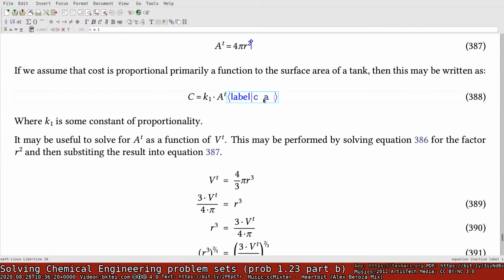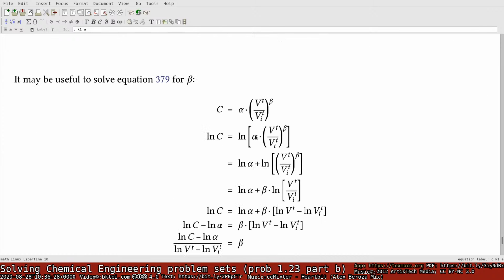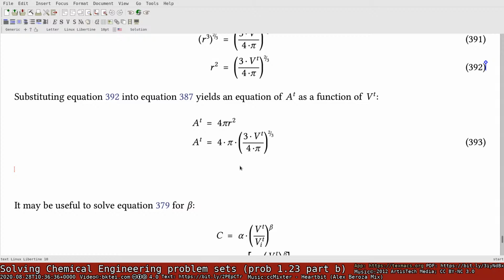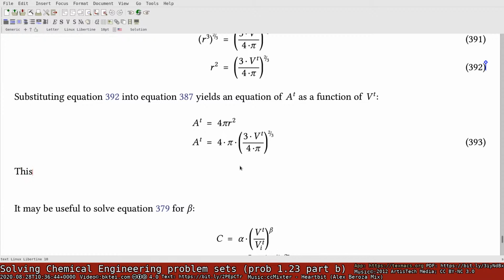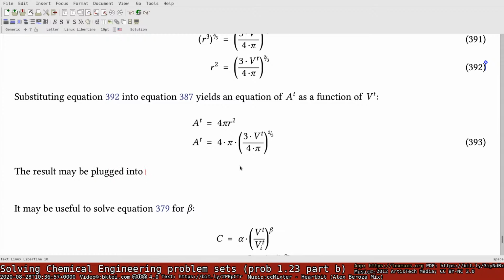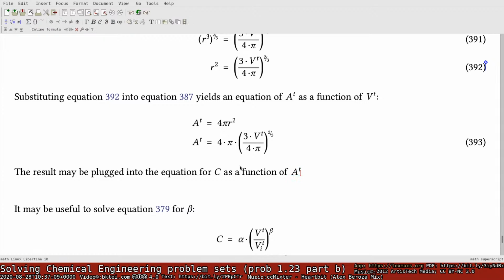C equals K1 A. May be plugged into the equation for C as a function of At, in order to get a function of C in terms of Vt.